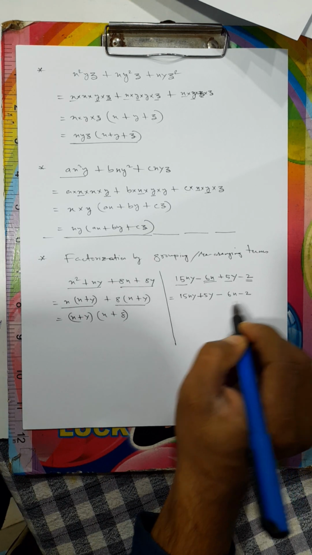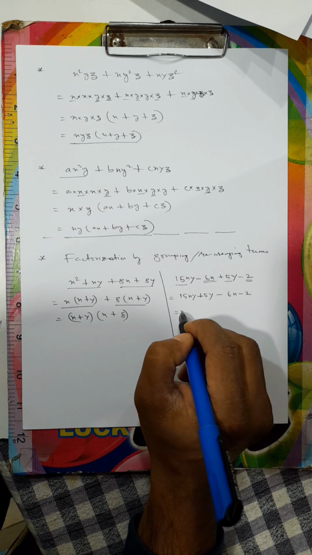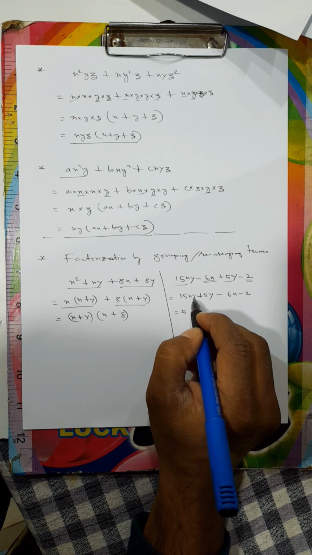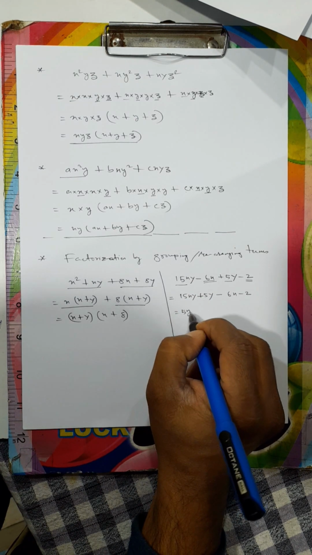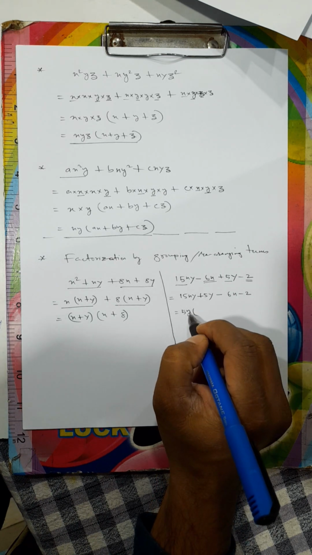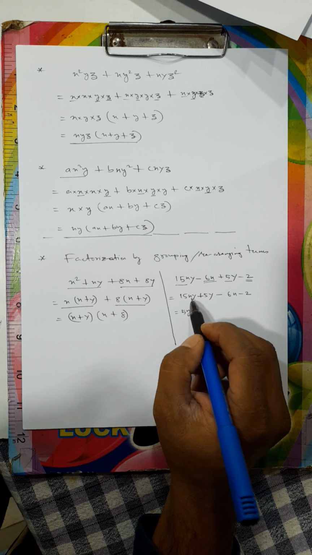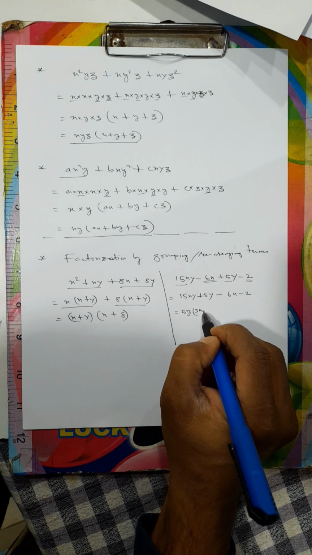Minus 6x minus 2. Now let us take common factors of these two terms. 5 is a common factor of these two terms. Again, y is a factor of these two terms. So if we take 5y common, what is to be multiplied with 5y to get 15xy? We will multiply it by 3x, right?